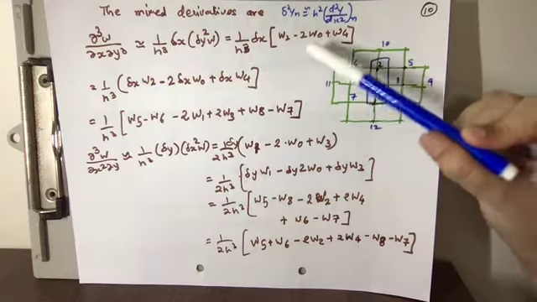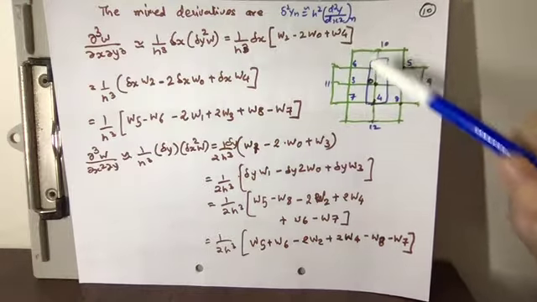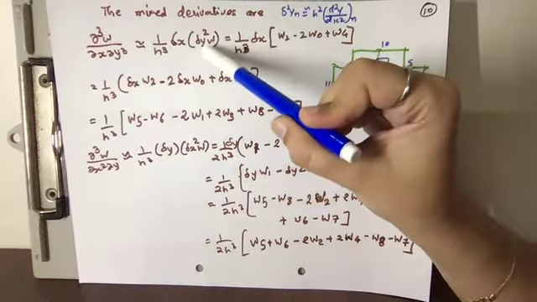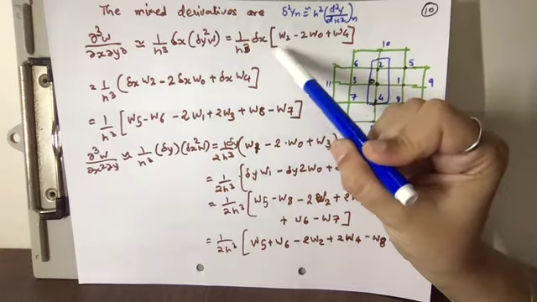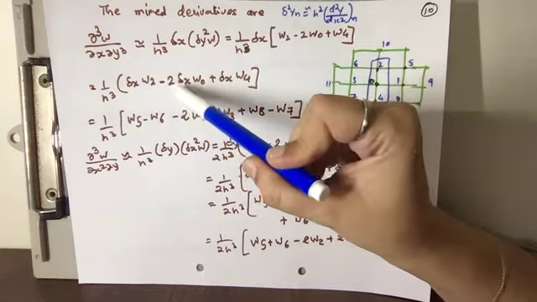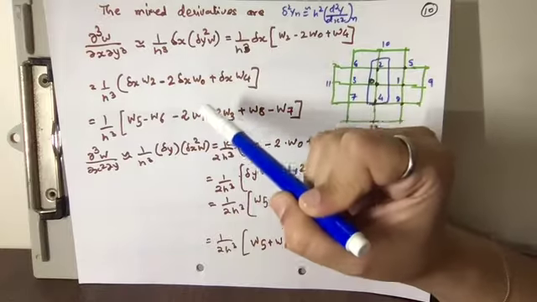The difference equation is W2 minus 2W0 plus W4, because this should be in the y direction, delta y square, and this formula. And then we operate delta x on this. So delta x W2 minus 2 delta x W0 plus delta x W4.